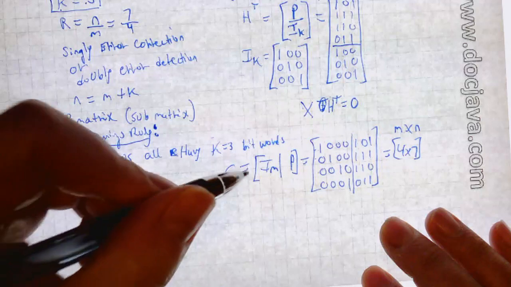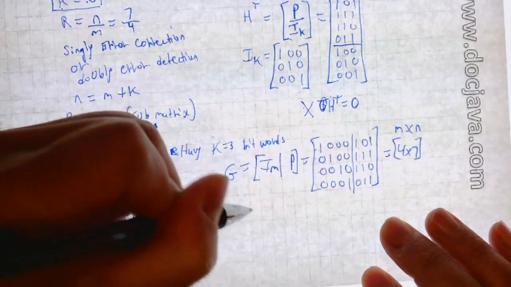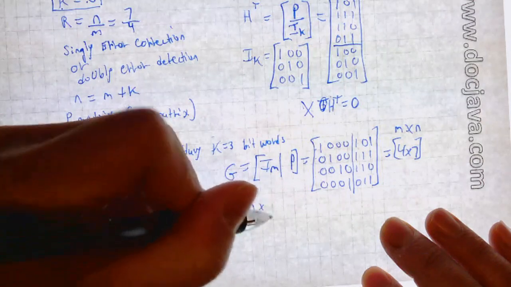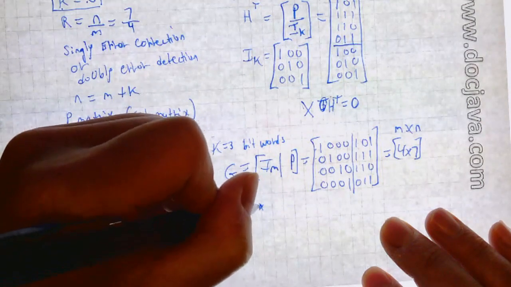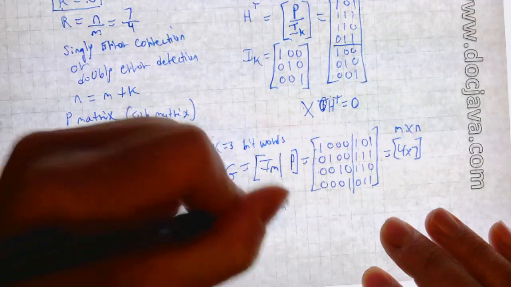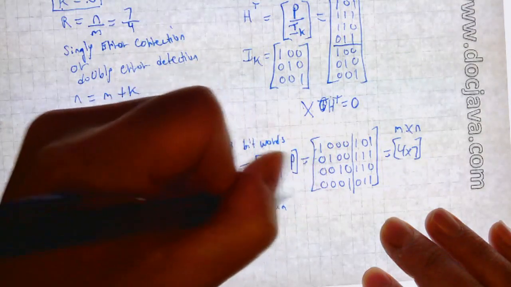The generator is equal to an m by n generator matrix for the (n, m) Hamming code.